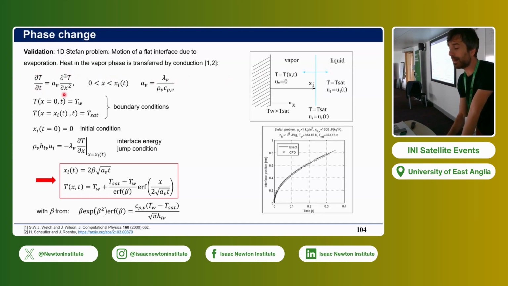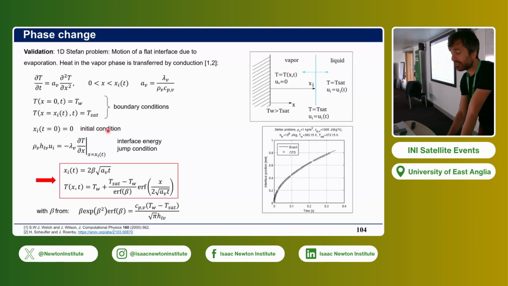So this is a moving boundary problem. You have the differential equation governing it. Boundary conditions are T wall at the wall, which is a known value, T sat at the interface, which is known. What is not known is the location of the interface that will vary over time. As initial condition, you can put the interface to be located exactly at the wall.